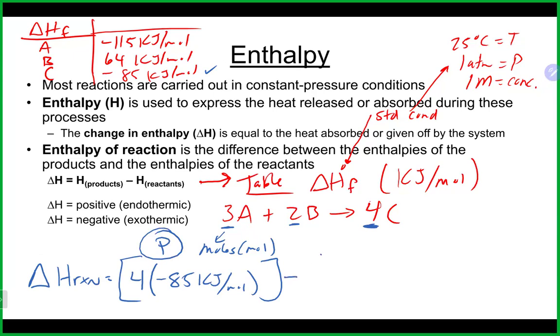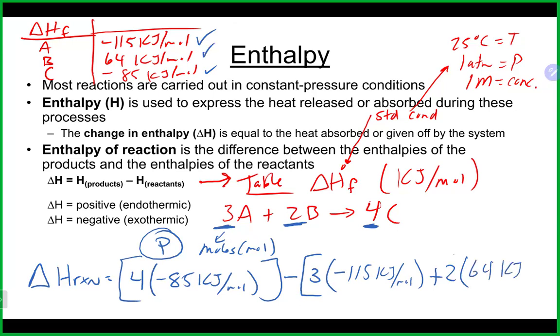Here we're then going to subtract our reactants. On our reactant side, we have 3A, so we multiply the value for A by 3, in this case negative 115 kilojoules per mole. We then add our other reactant, 2 of the B's, so we take 2 times the value of B from the table, which is 64 kilojoules per mole. That takes care of all of our reactants.